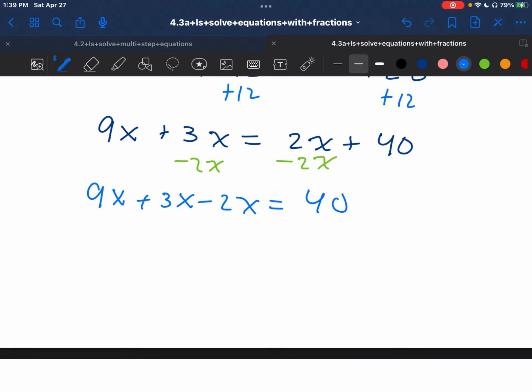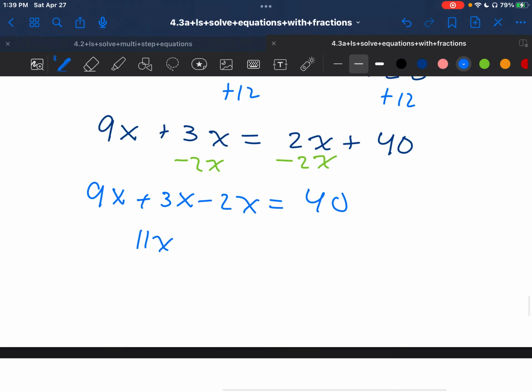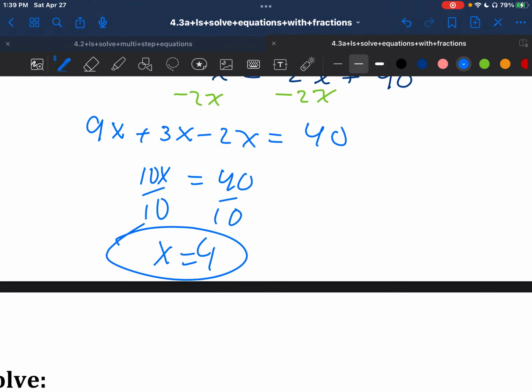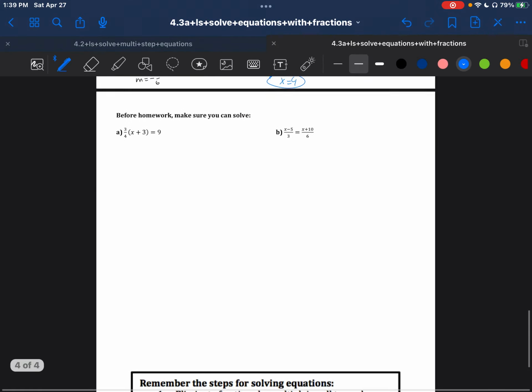What's 9x plus 3? 12 minus 2, 11. x equals 40 divided by 11. Oh no, that's wrong. This is supposed to be 10x. Nope, I can't divide. Goodness.